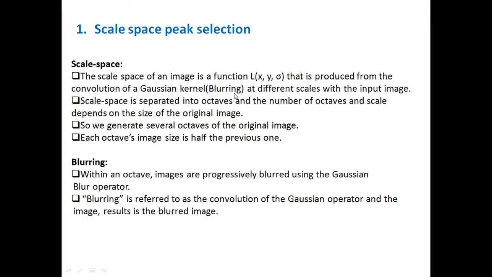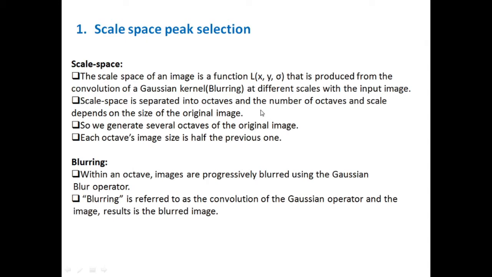That means L equals G into I. This scale space is separated into octaves, and the number of octaves and scales depends on the size of the original image. We generate several octaves of the original image. Each octave image size is half the previous one.